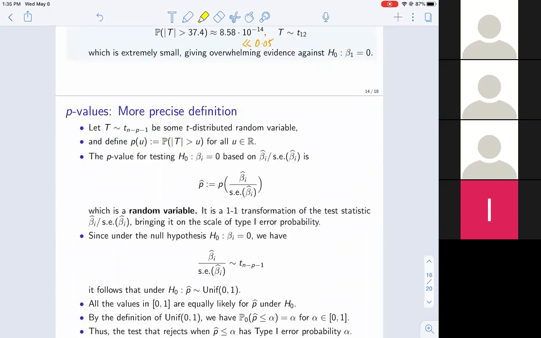So how to define it precisely? It goes like this. Suppose t is a random variable that has a t distribution. That's basically our test statistic. Then I define p of u to be the probability that the absolute value of t is bigger than u. This is related to the CDF.